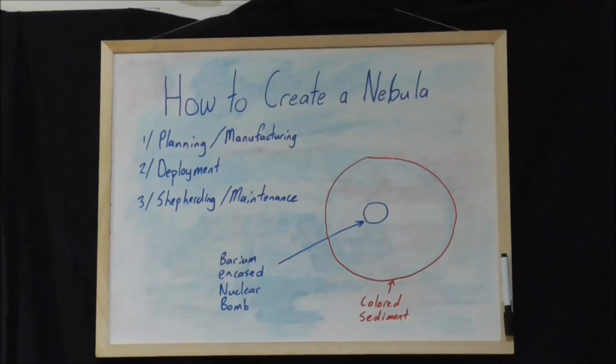So what we'll look at is how to create a nebula, which is very similar to how to create a supernova. So regarding the supernovas, I'm not in trouble over it. It's quite simply, God asked me to find a way to create a supernova and a black hole.